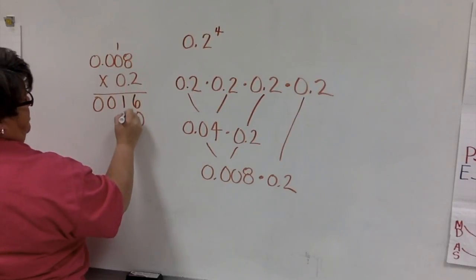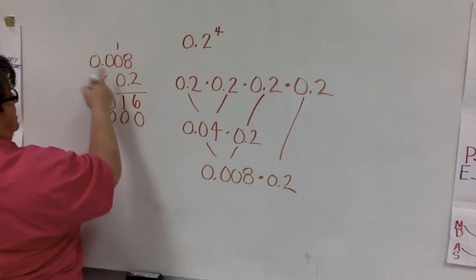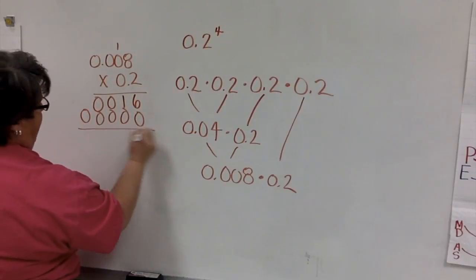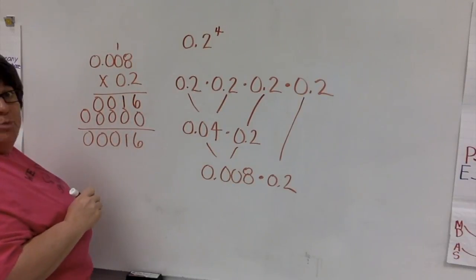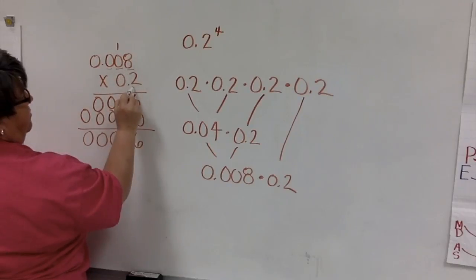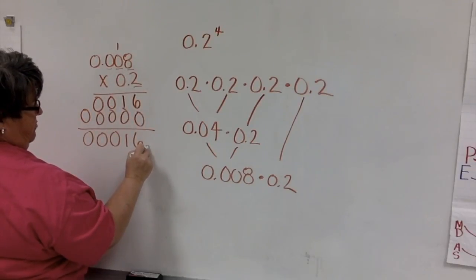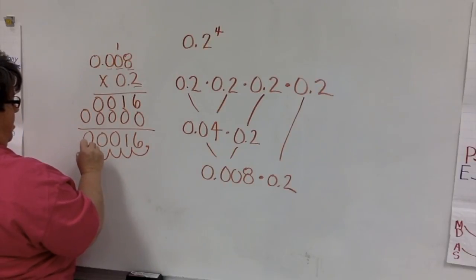Placeholder, 0 times 8 is 0, 0 times 0 is 0. Add everything up. How many numbers do I have after the decimal now? 1, 2, 3, 4. So I have to start to the right and count over 1, 2, 3, 4.